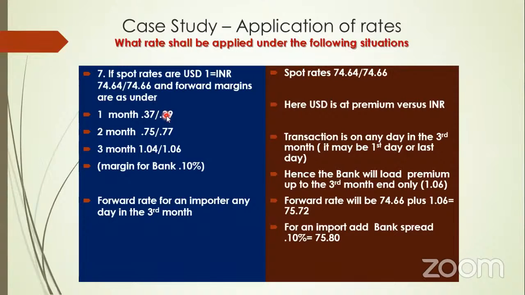Now the question arises when the forward rates, the questions will be any day. This is a twist they will make in the real exam: any day in the third month, any day in the sixth month. For example, we will stick to third month. If it is an exporter, any day in the third month, if it is a premium, note down this example: least premium will be given, up to the second month only you give.